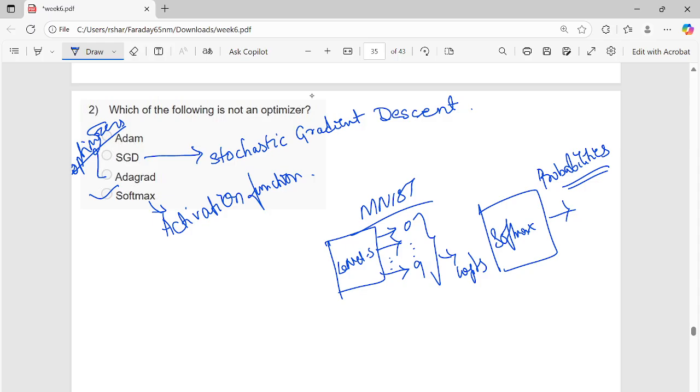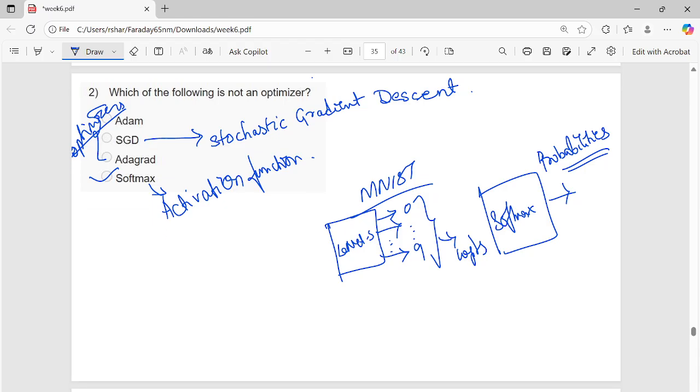Adam is an adaptive optimizer that combines momentum and adaptive learning rates. SGD is a basic optimizer that updates weights using the gradient of the loss. Adagrad adapts the learning rate for each parameter based on past gradients. Softmax is an activation function that outputs a probability distribution over the classes. So softmax is not an optimizer, it is an activation.